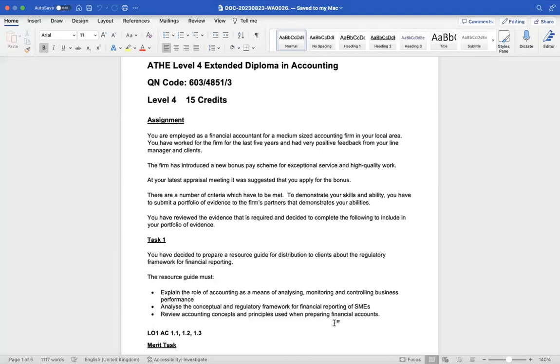This part of the guide should focus on the fundamental accounting concepts and principles that guide the preparation of financial accounts. Break down concepts like accrual, prudence, consistency, and others in an easy to understand manner. Use related examples to make these concepts relatable to the readers.